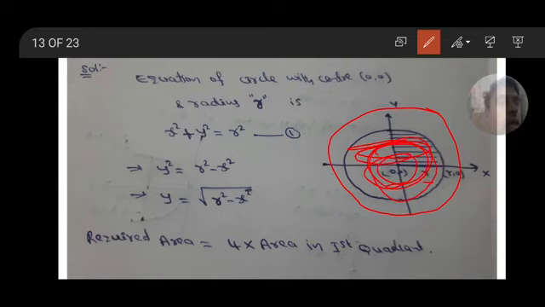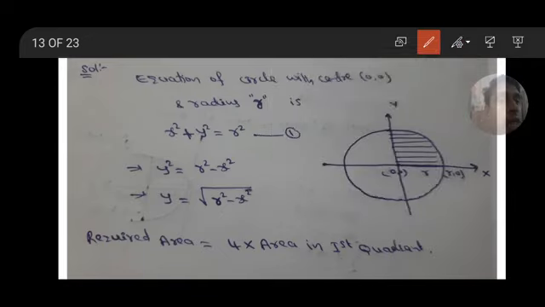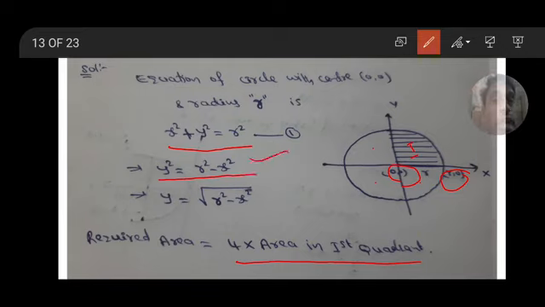Total area means first quadrant area, second quadrant, third quadrant, fourth quadrant. So first of all I am writing required area equal to 4 into area in the first quadrant. Area in the first quadrant means limits 0 to r, and x square plus y square equal to r square. So y square equal to r square minus x square.